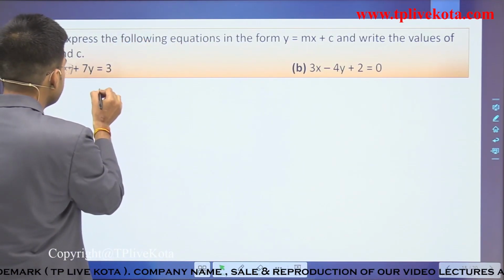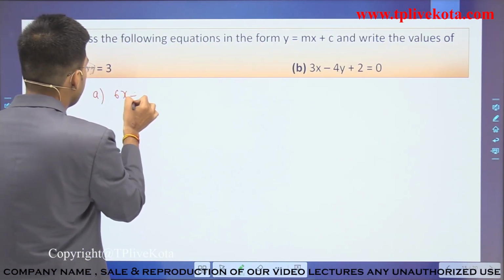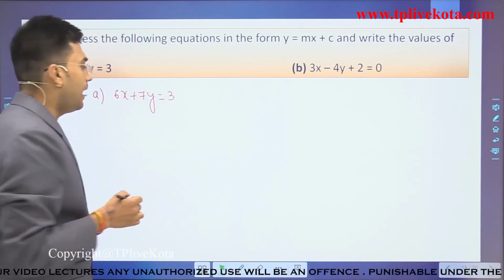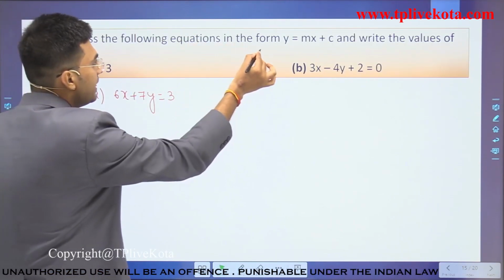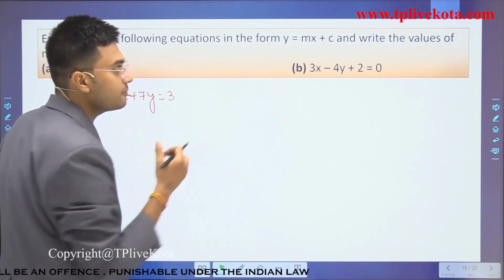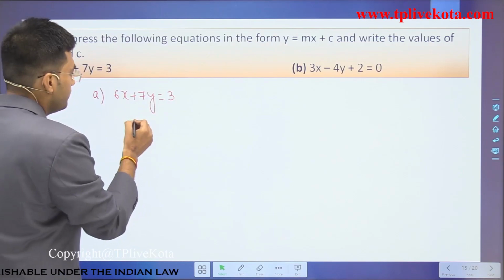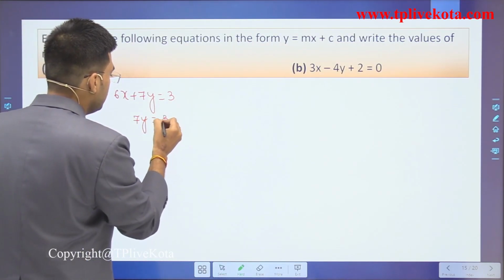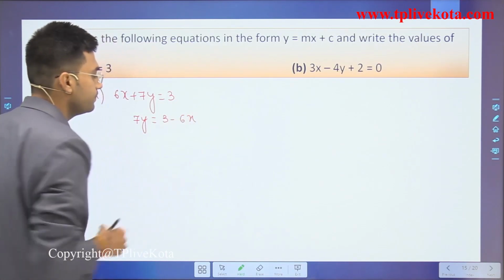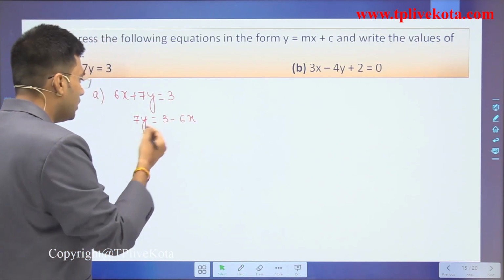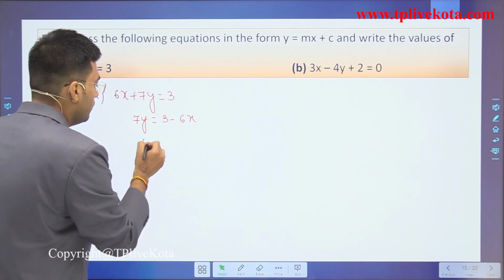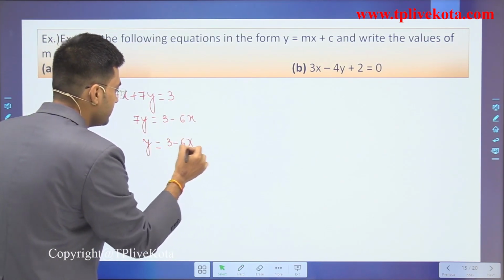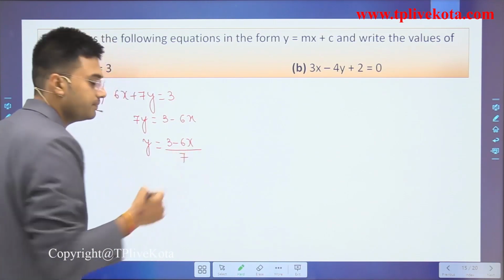So the first is 6x plus 7y is equal to 3, and we have to write it as y is equal to mx plus c. So we can write it as 7y is equal to 3 minus 6x. Clear? Or we can write it as y is equal to (3 minus 6x) divided by 7.